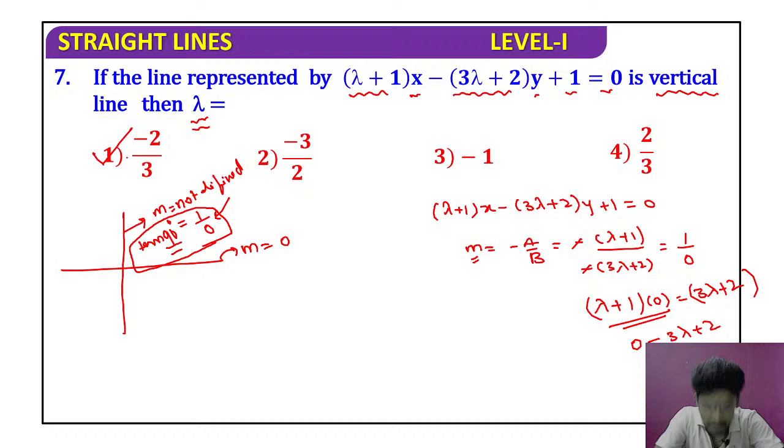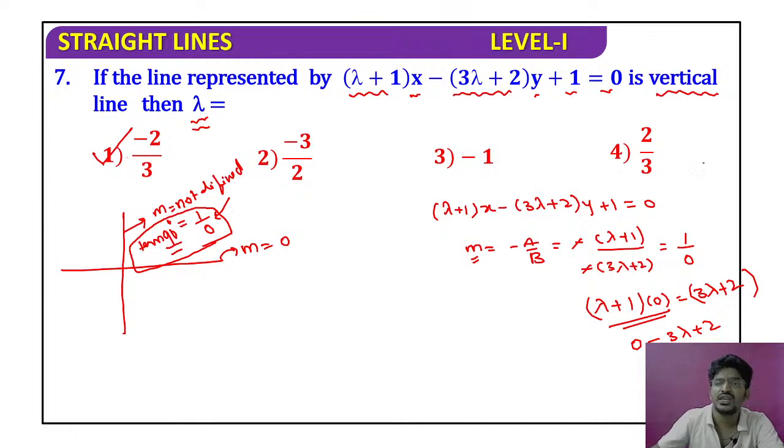See, everyone knows for a vertical line slope is not defined. Everyone knows tan 90 is 1 by 0. But at which problem, at what instant do I have to use those conditions? It comes only through the practice of problems. How much you practice the problems, that much you are going to understand.